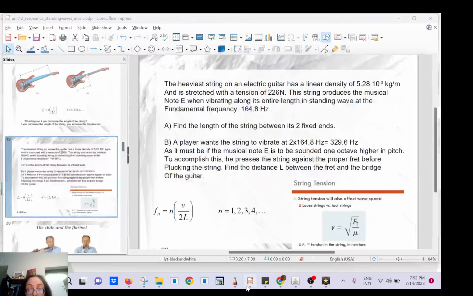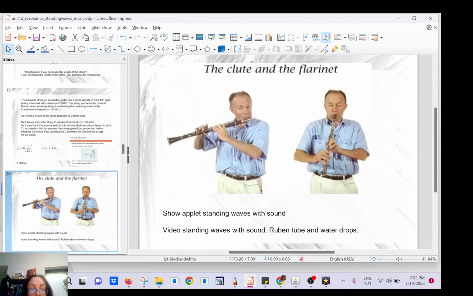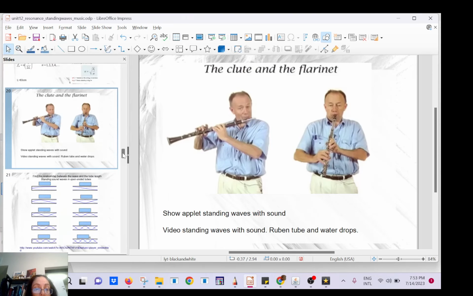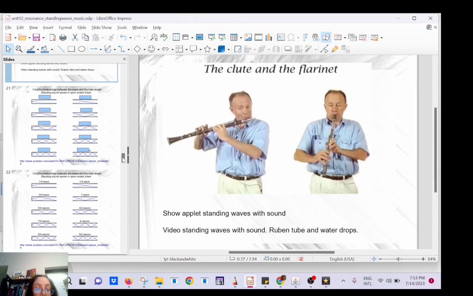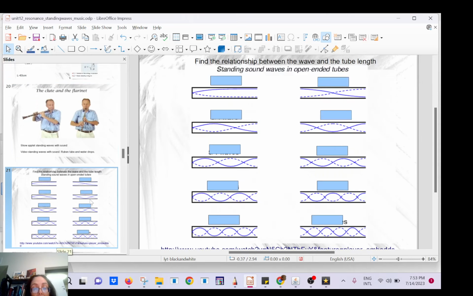Next we're going to talk about the flute and clarinet. The flute is open at both ends. The clarinet has a mouthpiece and it's closed at one end. If you want to try for next time, that will be the clarinet, that will be the flute.